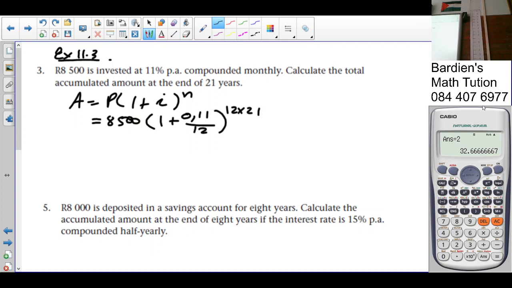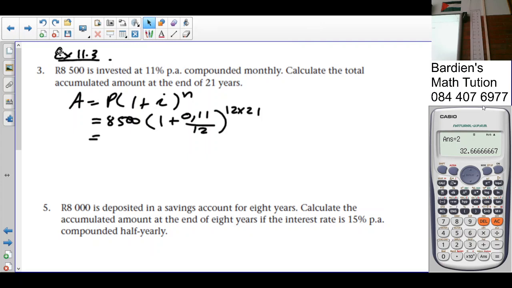If it was compounded quarterly, it will be 0.11 over 4 to the exponent 4 times 21. If it was compounded daily, it would have been 0.11 divided by 365 to the exponent 365 times 21. If it was compounded semi-annually, it's 0.11 divided by 2 to the exponent 2 times 21. Understand?